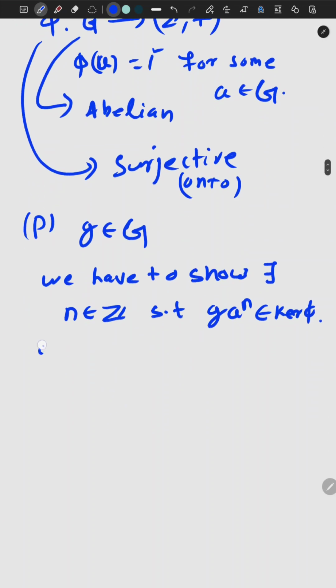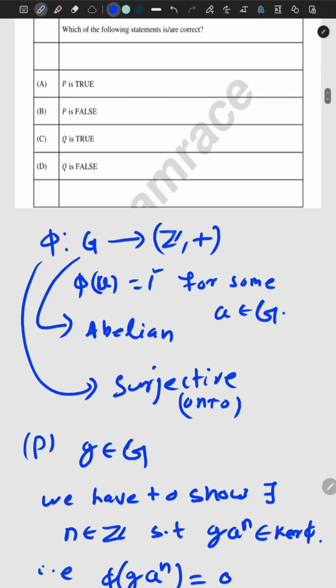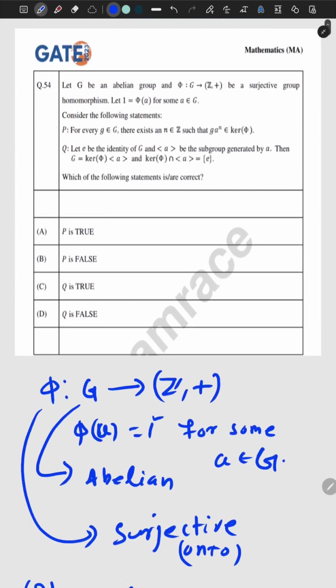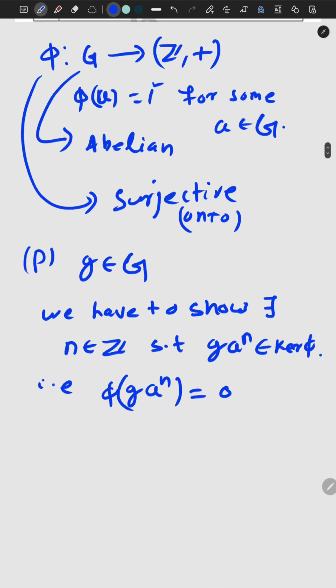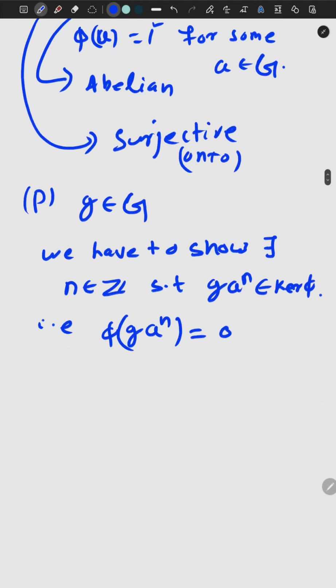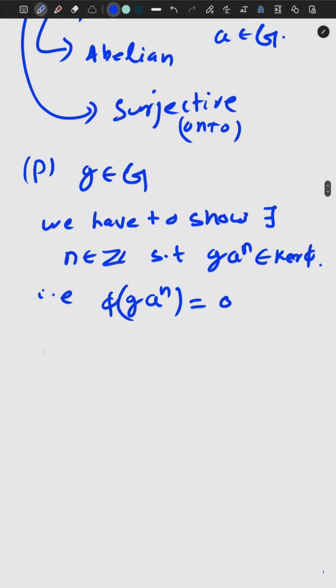That means we have to show phi of g a to the power n equals 0, the additive identity of this group Z plus. How can we proceed to show this? First of all, g belongs to G is given.